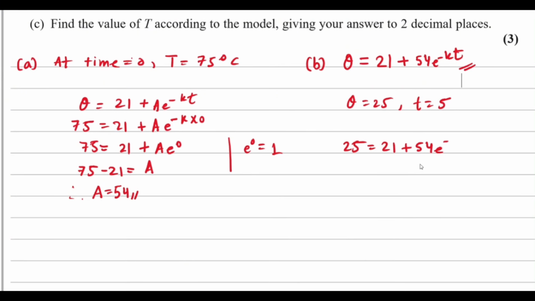So now we resubstitute the values. 25 equals 21 plus 54 e to the power of minus 5k.